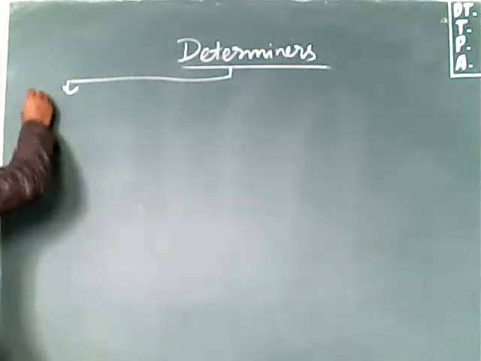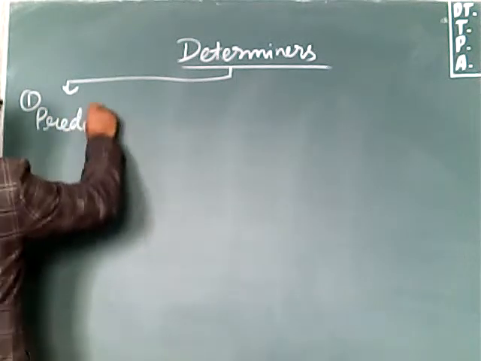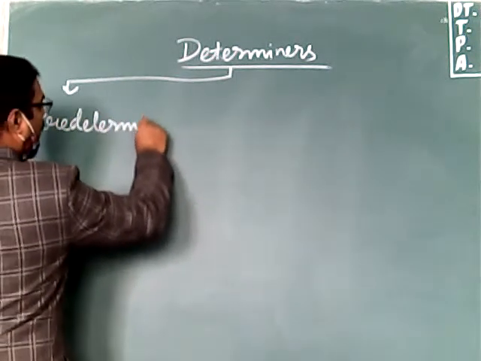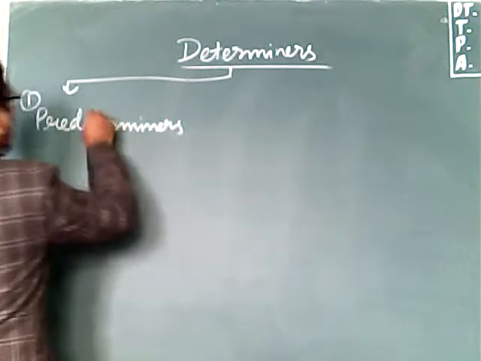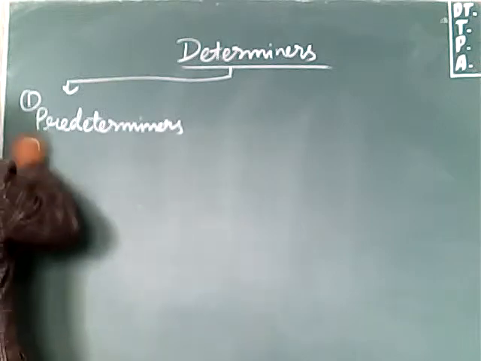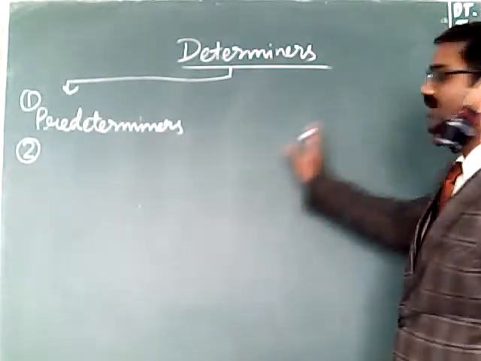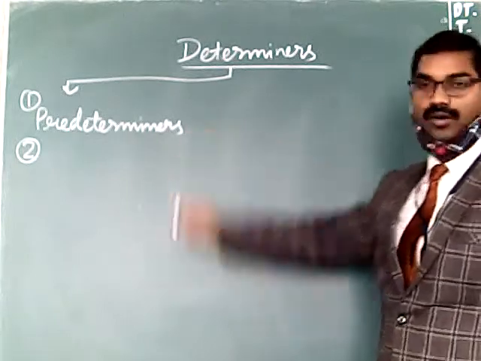Number one is predeterminers. Number two, I wanted to make a flow chart here, since the board is very small, so I am writing in order.